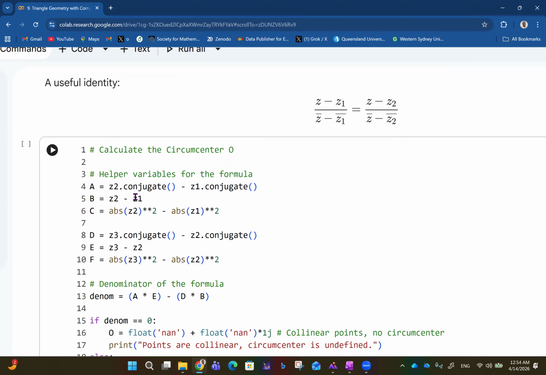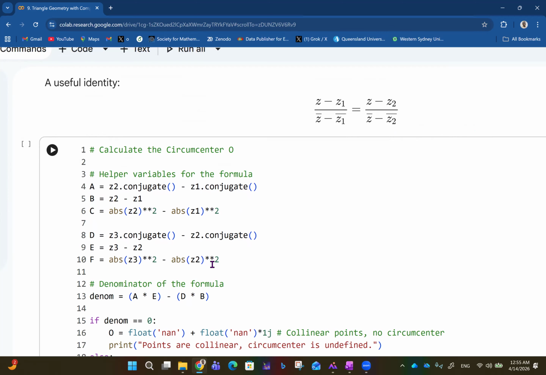Then C can be the absolute value of Z2 squared minus the absolute value of Z1 squared. Then for E you have Z3 minus Z2, and D is for the conjugates, then F can be the absolute value of Z3 squared minus the absolute value of Z2 squared.